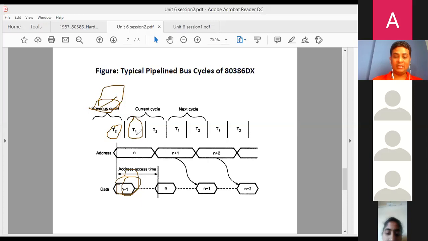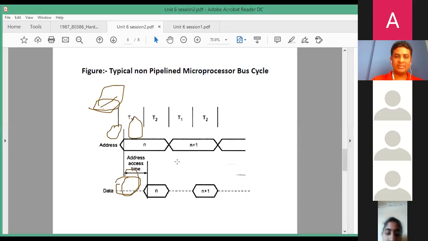In the previous diagram, we can see that the data is accessed only during the T2 cycle. So it will require more time to access n number of locations.